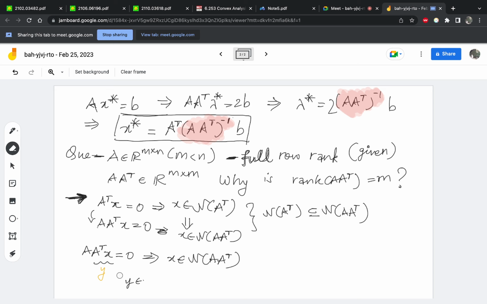Correct. So let me just skip one small step. y is basically A transpose X. It's in the null space of A, right?